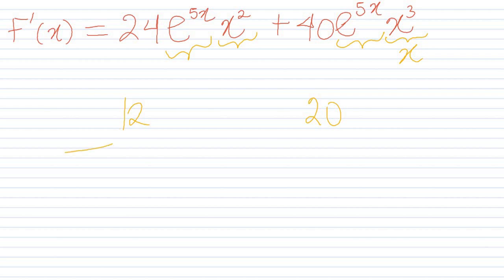So if we bring out 2 again, we have 6 here, and we have 10 here, right? So that's not the highest common factor yet. We can bring out another 2 again. So you have 3 and you have 5. So the highest common factor in this case would be 2 times 2 is 4, 4 times 2 is 8.